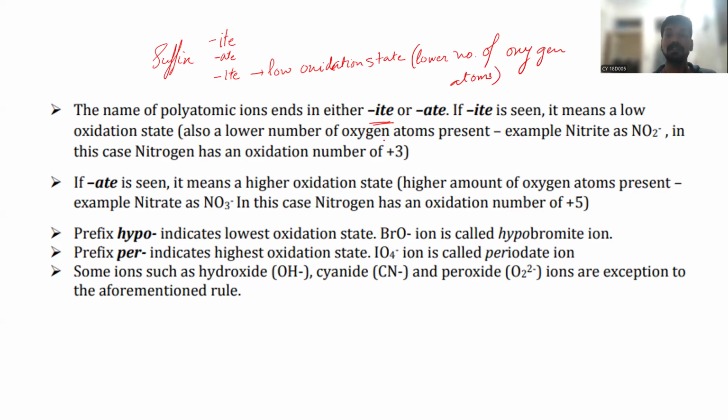Here is an example: nitrite, NO2 negative, has an oxidation number of +3 and two oxygen atoms present. But in the case of ATE, there should be a higher oxidation state.